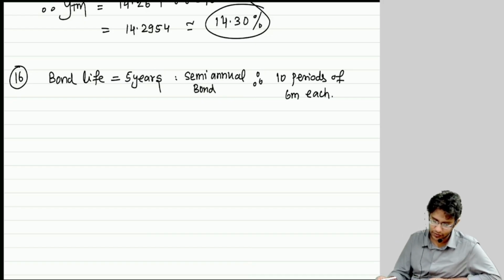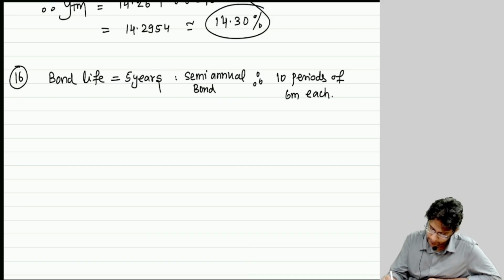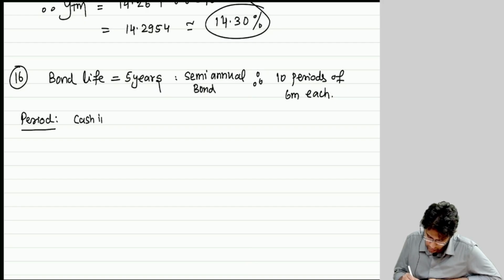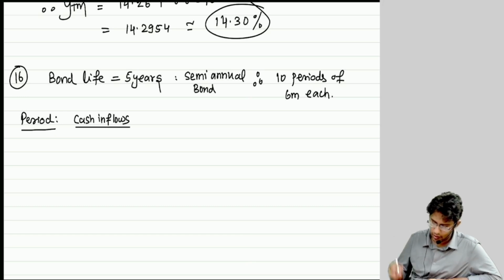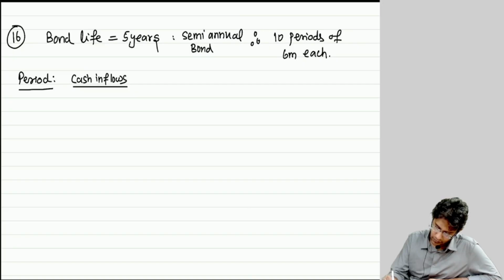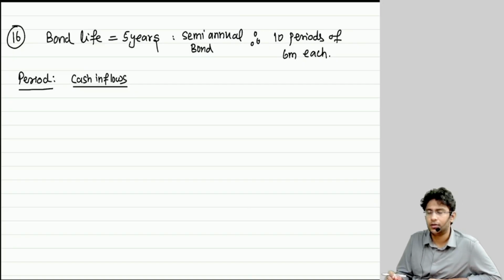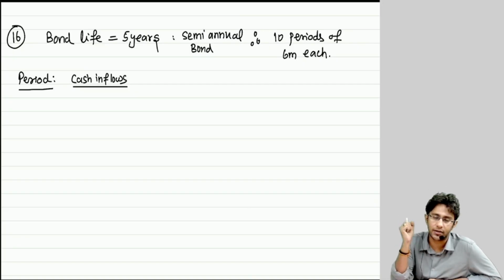Now, let's do one thing. Period. Cash inflows. Since it is a 5-year bond, there are a total of 10 periods.